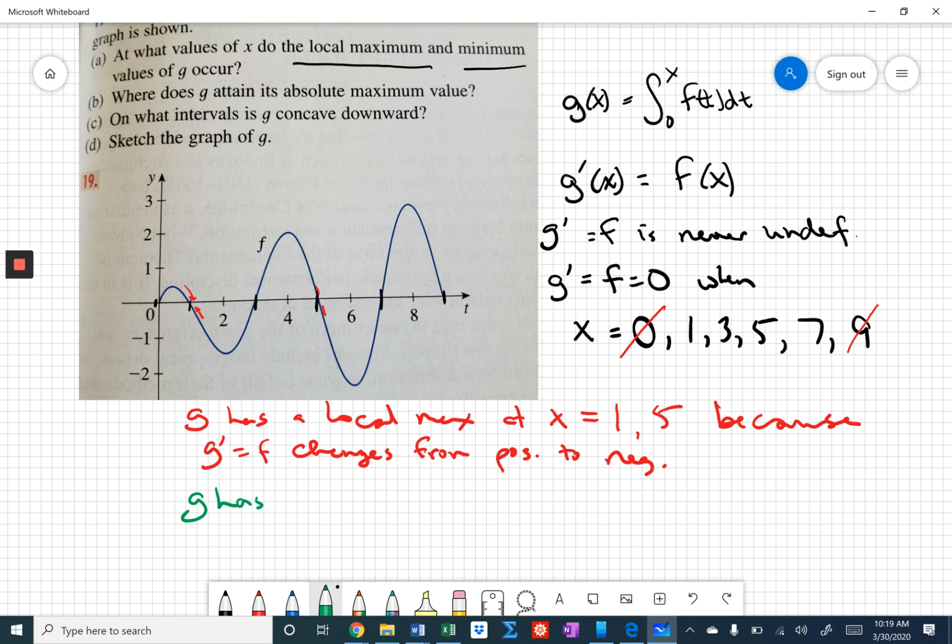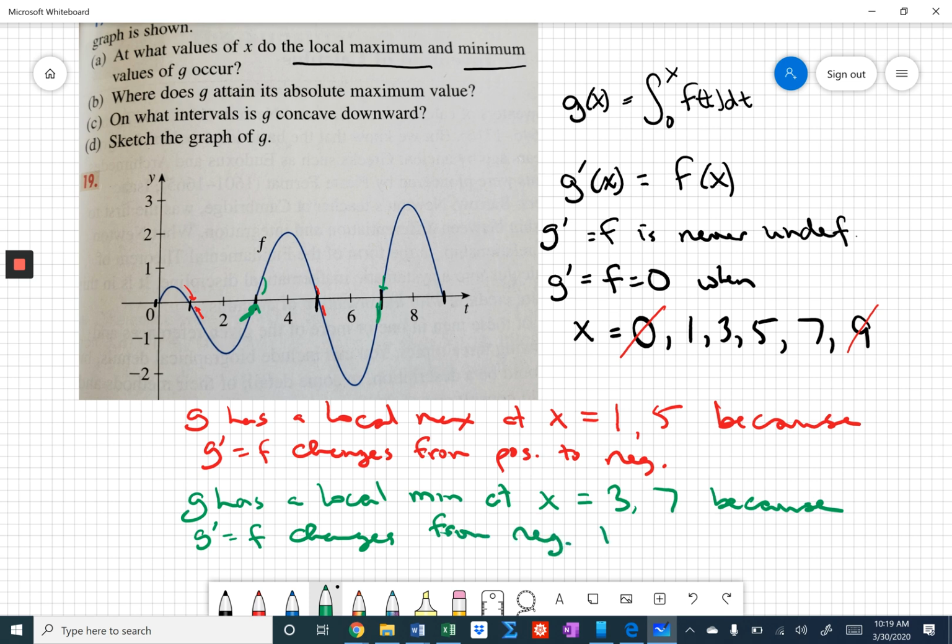So g has a local min at x equals, all right, negative to positive at 3, negative to positive at 7, so at 3 and 7, and again, because g prime, which is f, changes from negative to positive at those values.